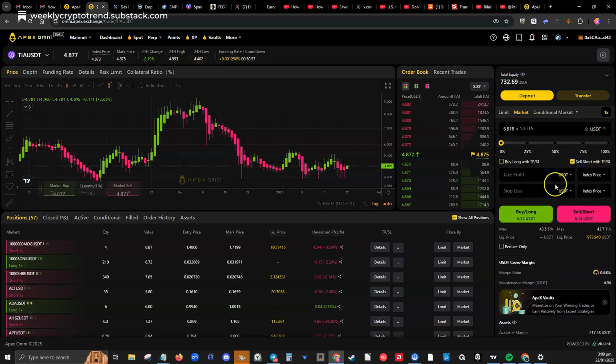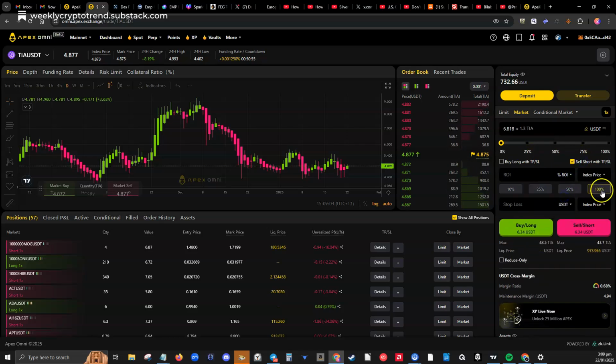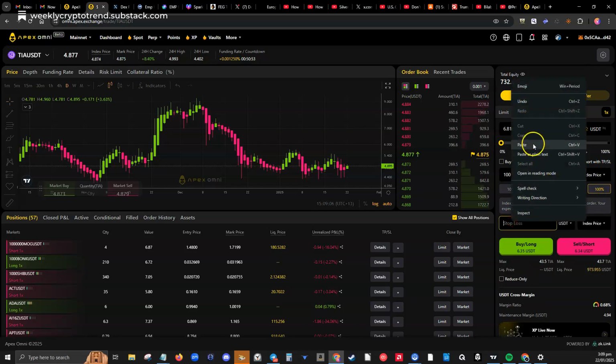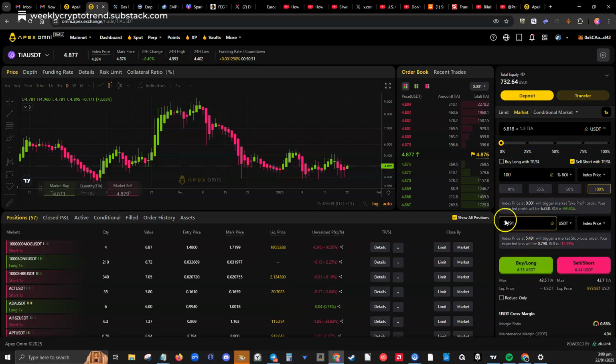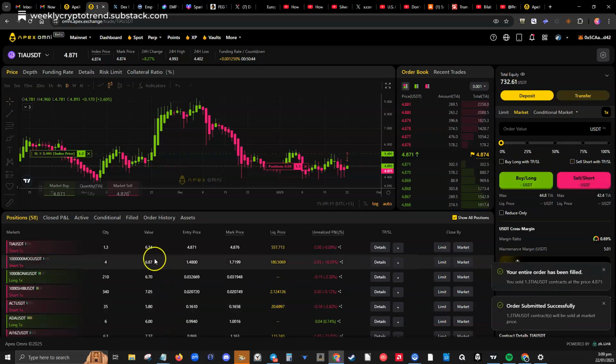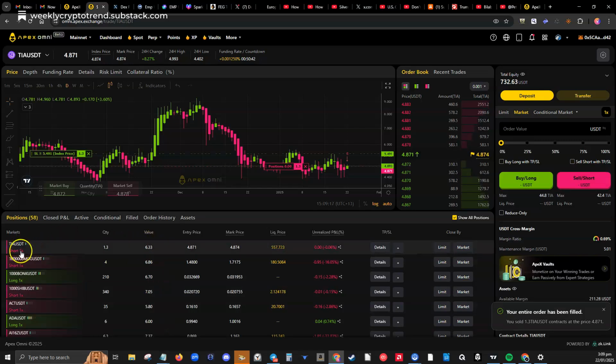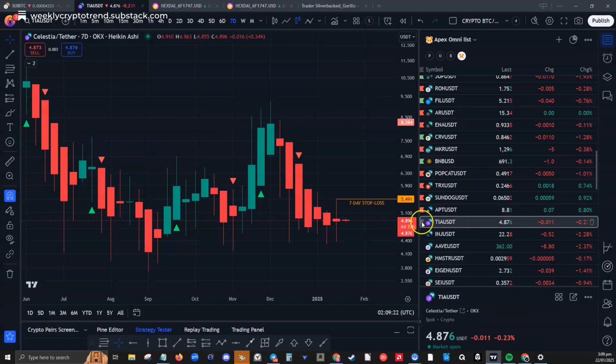We're going short. Percentage 100%. Cool. Short, and then just double check the position size, and it's 1x. Beautiful. Nice. That's short.